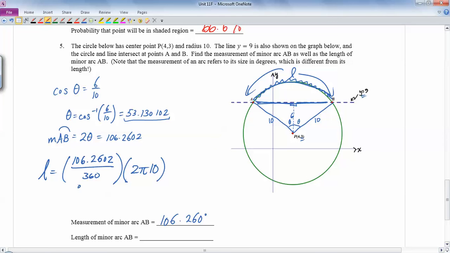Right, so this is a percentage of the circle's circumference to get the arc length. And if you plug that into a calculator, you get 18.5459, which turns into 18.546.